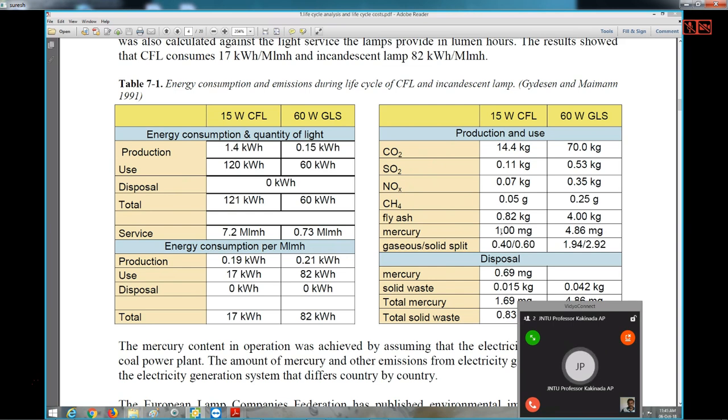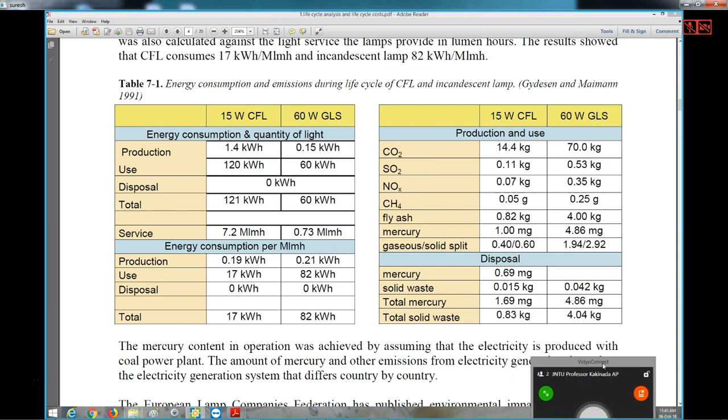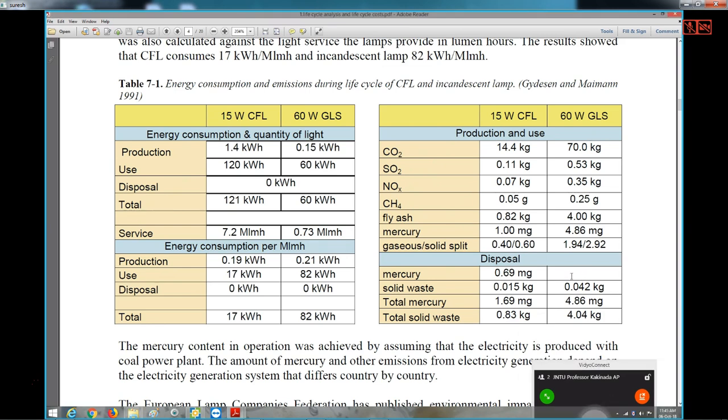Mercury: the CFL lamp has 1 milligram and the 60 watt GLS lamp has 4.86 milligrams. The gaseous and the solid split is 0.4 or 0.6, 1.94 or 2.9. After disposing these lamps, mercury is going to be 0.69 milligrams and the 60 watt lamp does not deliver any mercury content.